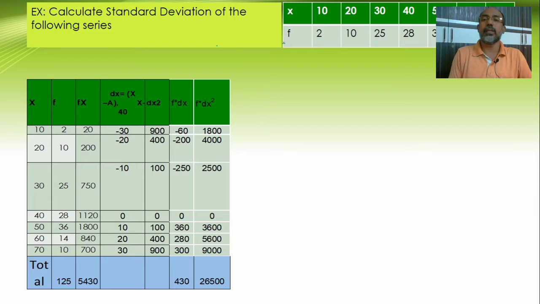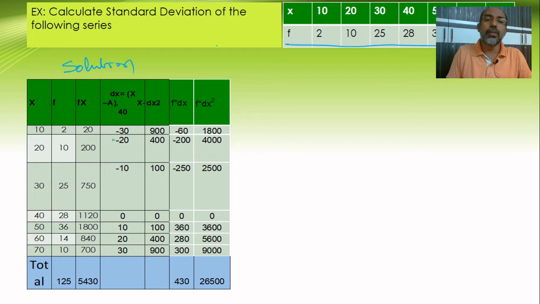This is the data given to you, and for that the solution is calculated here. This is the table used for the solution. The same data has been transferred here and calculations made.